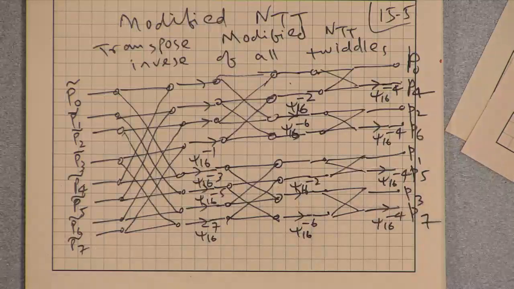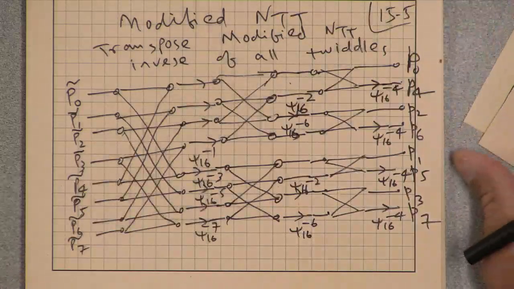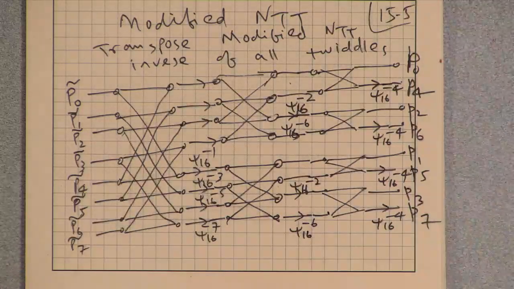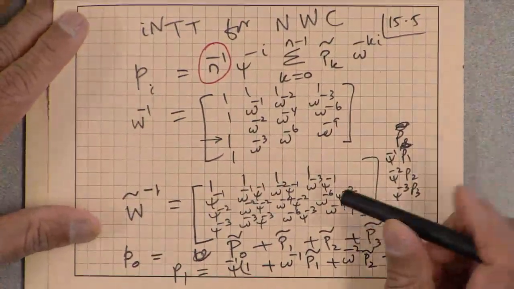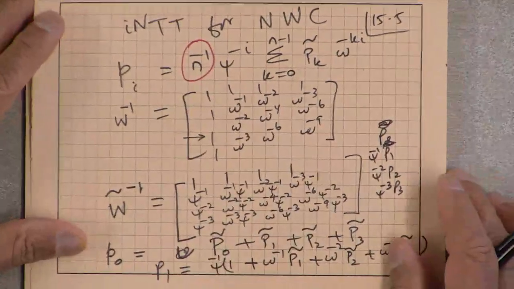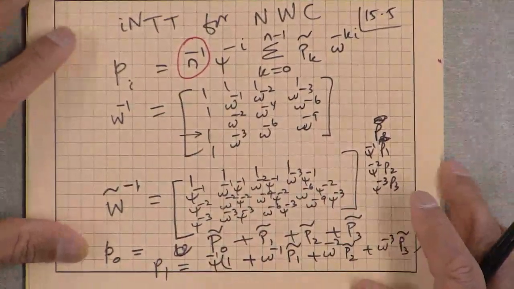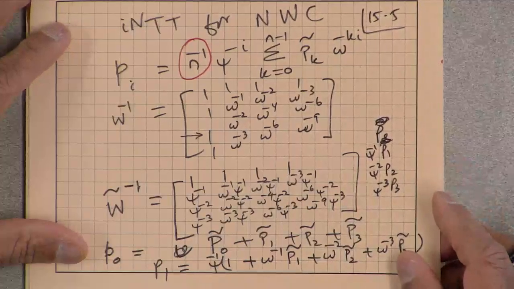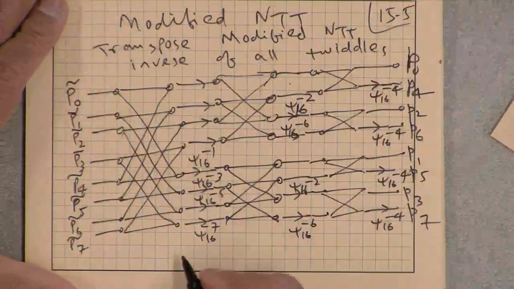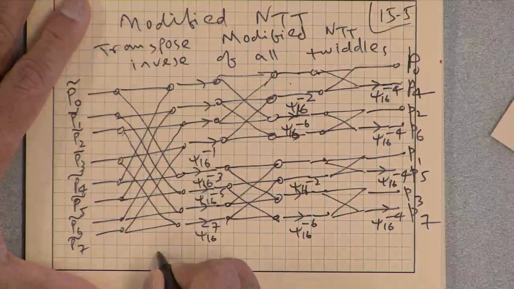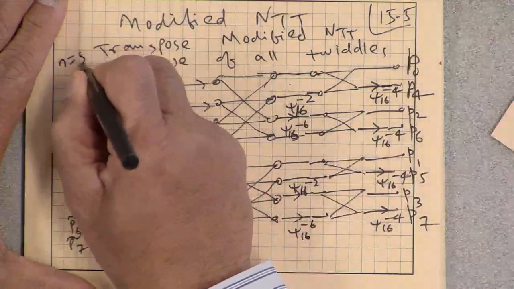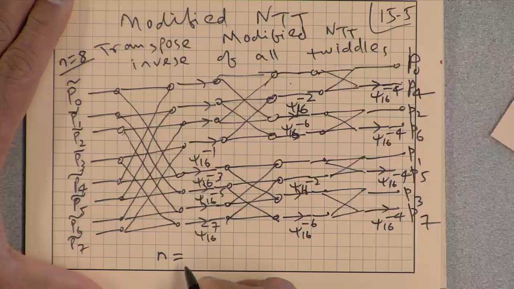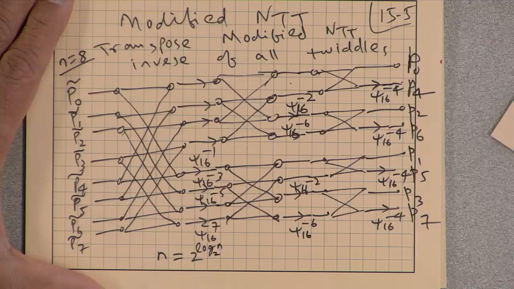So far so good. I have one more task to do, and that is this. I didn't yet incorporate the n inverse. And think about this. What exactly is n inverse? What is n? If there are m stages, in this case n is equal to 8, so n is 2 to the power log n to base 2.